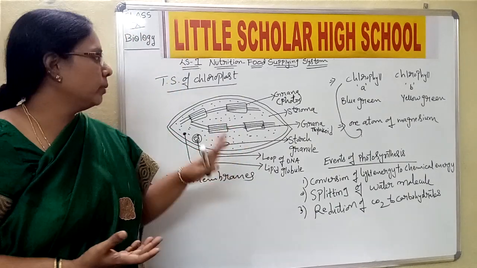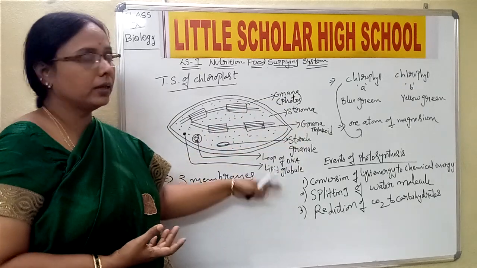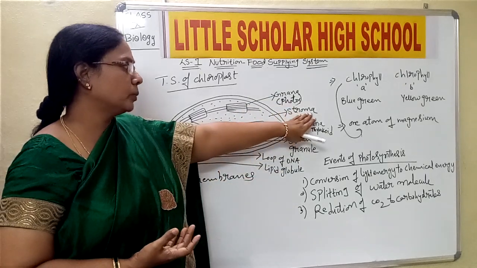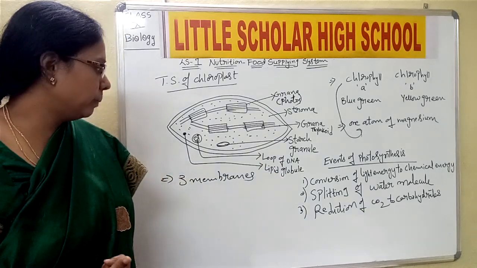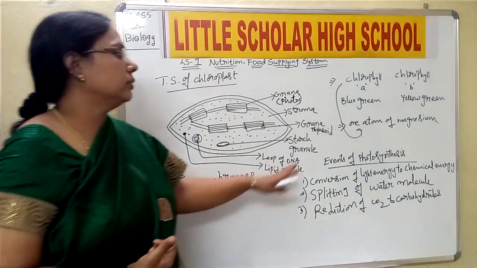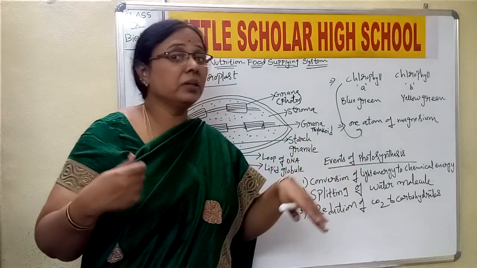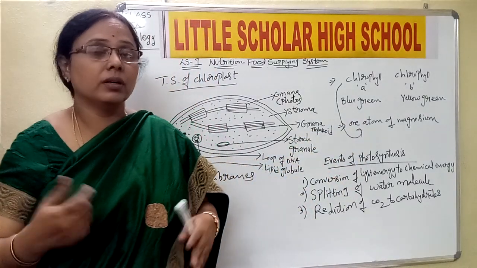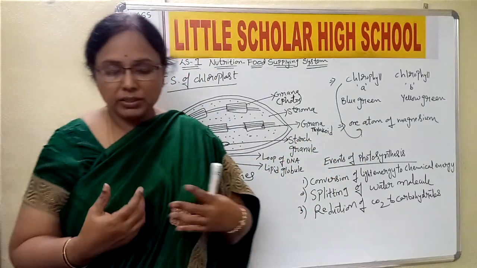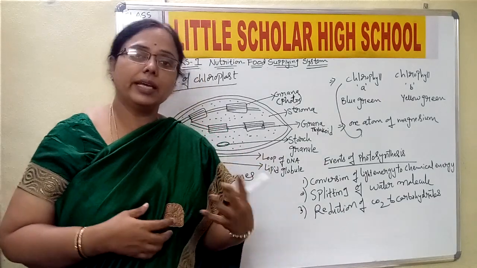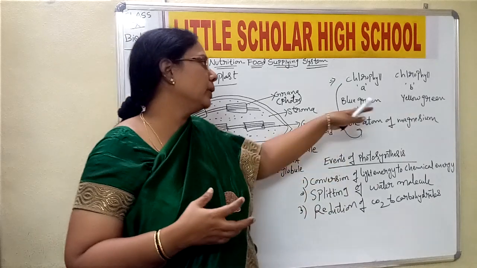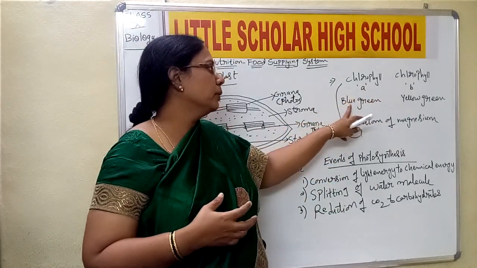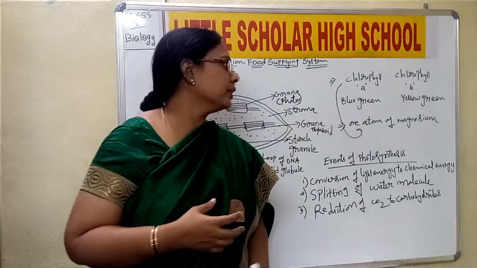In the exam they may just give you the diagram with some blank spaces. You need to identify the parts and label them perfectly, and they may ask what the different pigments of chlorophyll are. The different pigments are chlorophyll A and chlorophyll B, and they may confuse you with the colors also, so you should be perfect that A is blue green and B is yellow green.